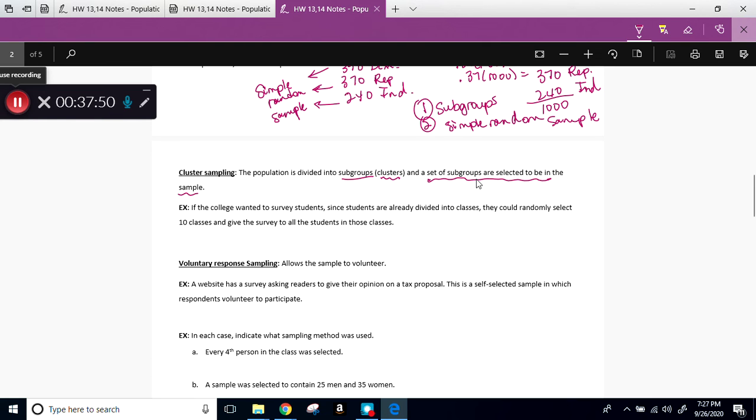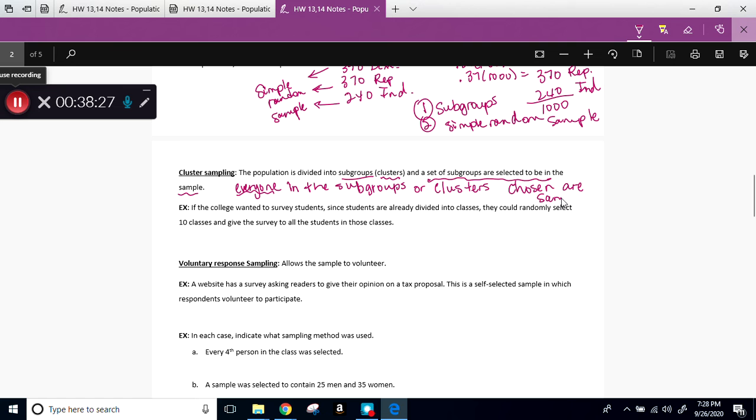I'm going to choose everybody in those subgroups, so everyone in the subgroups or clusters chosen is sampled.